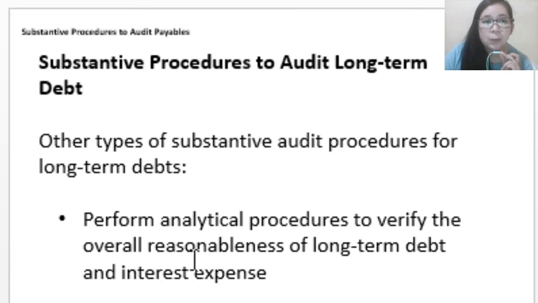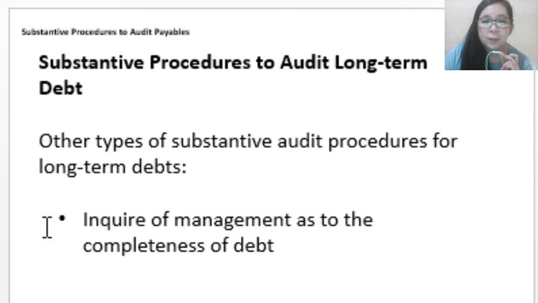Next, the auditor can also perform analytical procedures that will help him understand and verify the reasonableness of this long-term liability as well as its corresponding interest expense. Another is the auditor can also inquire from the management as to the completeness of the debt or liability. The auditor can ask the management about any contracts or commitments made by the entity with the other parties considered to be their creditors.